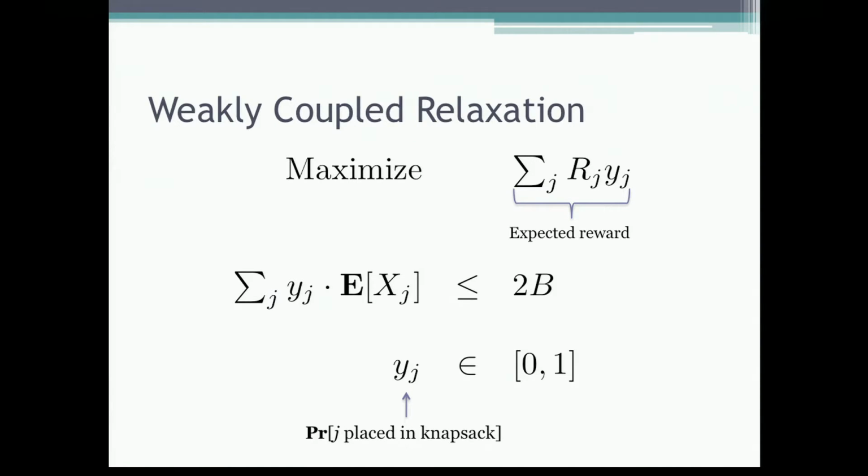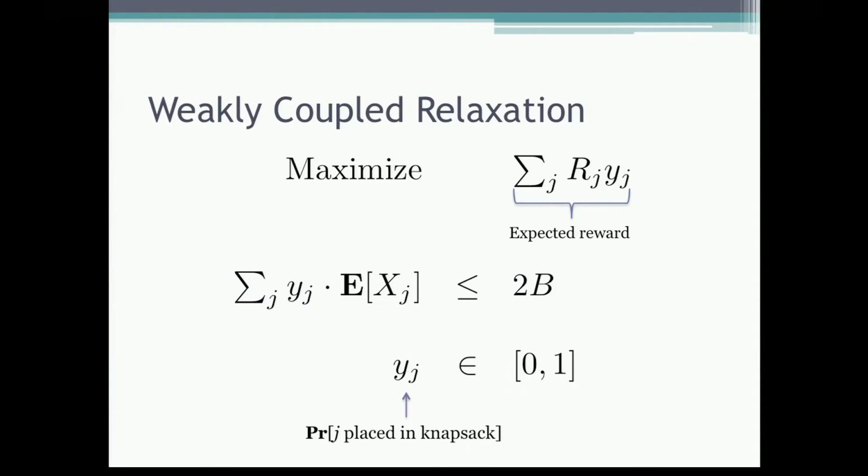What this constraint is saying is that the expected size of the items placed in the knapsack is at most b, but because you overflow by one item, you can write it as 2b. You need 2b here because of the overflow business. And why is writing it this way correct?